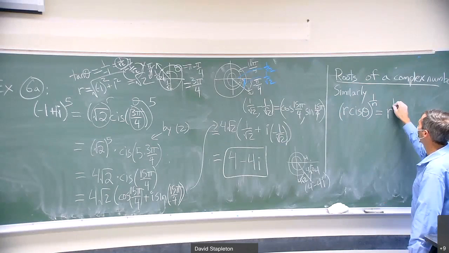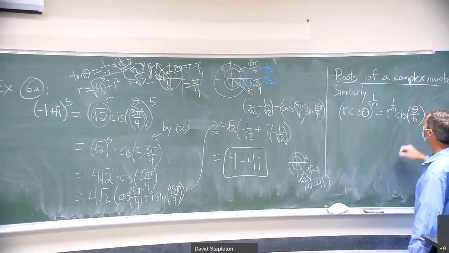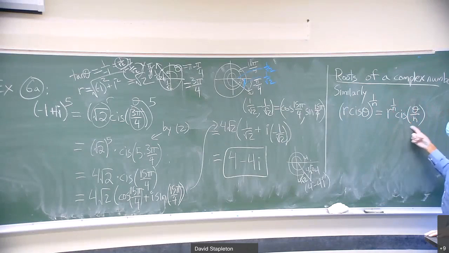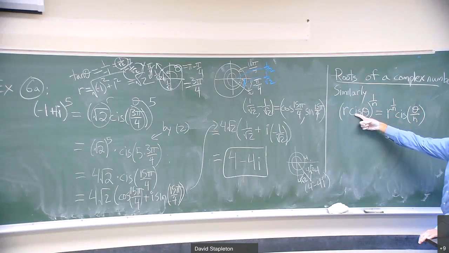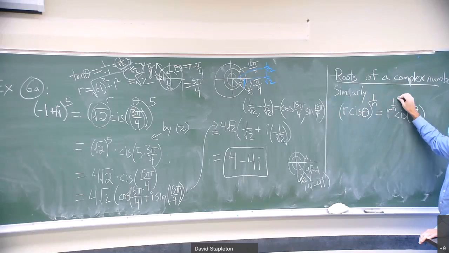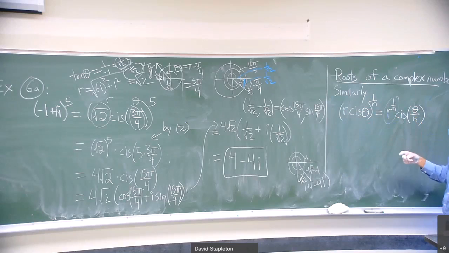If I take r to the 1 over n times cosine of theta over n plus i sine of theta over n, and think about taking the nth power of this, it gives me the number inside the parentheses, right? Because the nth power of the nth root, I just get r. Here, when I take the nth power, it's cosine plus i sine; you add all the angles, you add theta over n, n times, and you get theta. You multiply this n times, you get r. Voila, right?